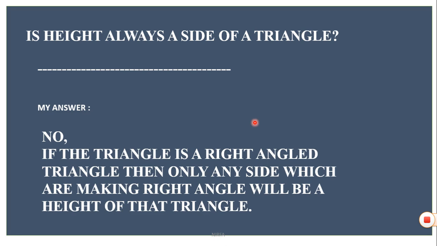If the triangle is a right angle triangle, then any one side which makes the right angle will be the height of that triangle. That means in a right angle triangle, two sides make the right angle, and out of these two sides you select any one side that will become the height of the triangle.